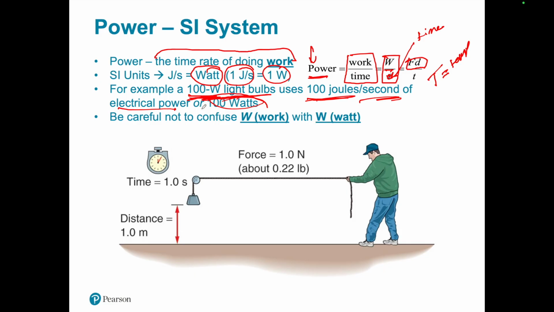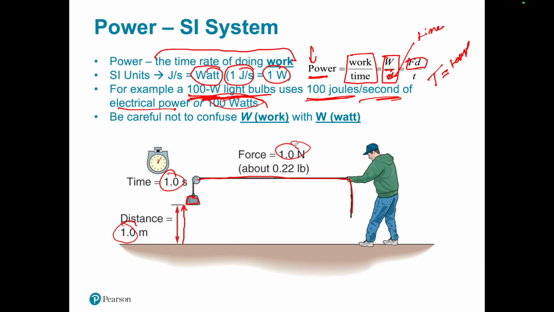So here you can see a guy who's got a weight at the bottom of this little pulley, and he's pulling it, right? He's pulling it right there. And it took him 1 second to lift it off the ground and move it that high, a distance of 1 meter, right? Okay. And so from that, you can see that there's a distance, a time, and a force, right?